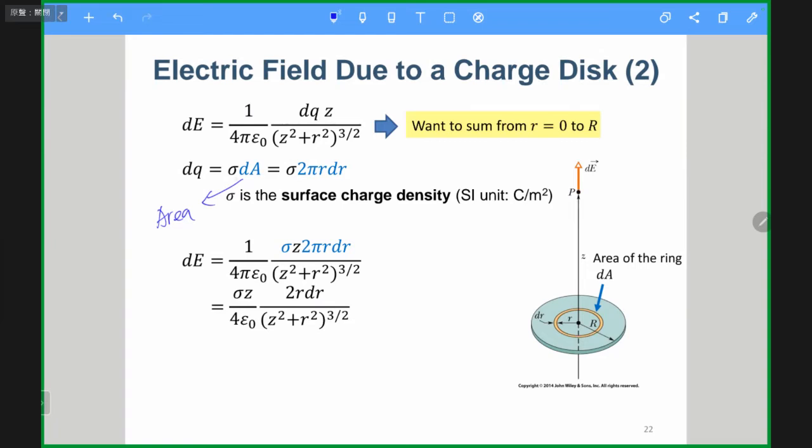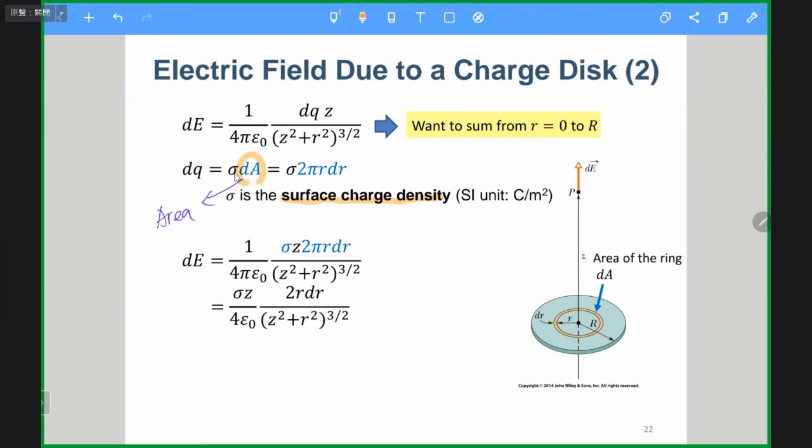And sigma is the surface charge density rather than linear charge density here. Because if we still consider the ring is very, very thin without any thickness, then it cannot add up to be a solid disk. So here we still need to consider it has a small thickness. Okay, so from dq to sigma dA, I think it is still easy to accept.